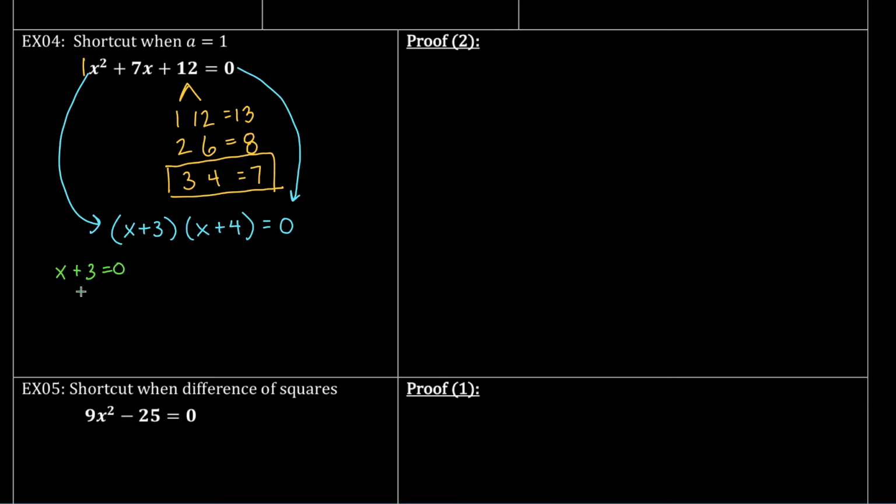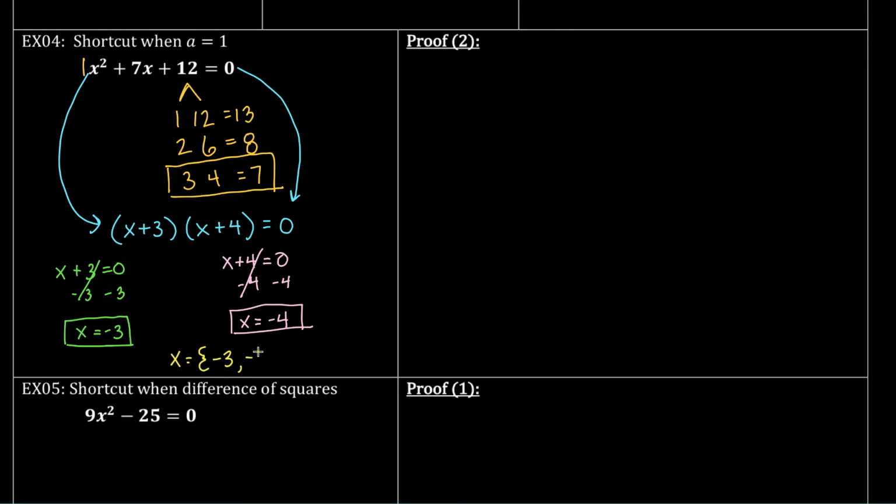So I can put minus 3, x equals negative 3. And then I'll do this one in pink, because there's another one. Equals 0, minus 4, minus 4. And I get x equals negative 4. So x can be negative 3 or negative 4.